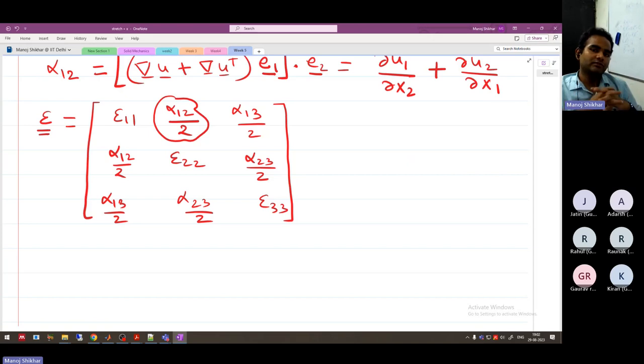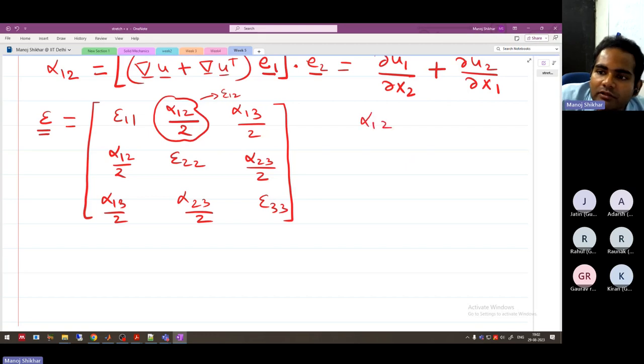Suppose I give you the matrix form of epsilon and ask for the shear strain between line elements 1 and 2. You have to write alpha 1 2 by 2 equal to epsilon 1 2, and then write alpha 1 2 as 2 epsilon 1 2.